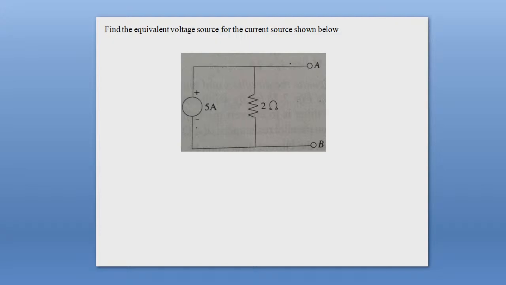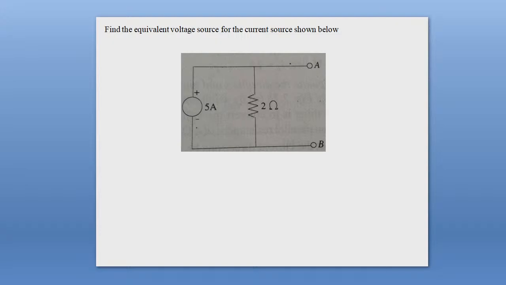Find the equivalent voltage source for the current source shown below. Everyone use the concept which we have just discussed to convert this current source into an equivalent voltage source.